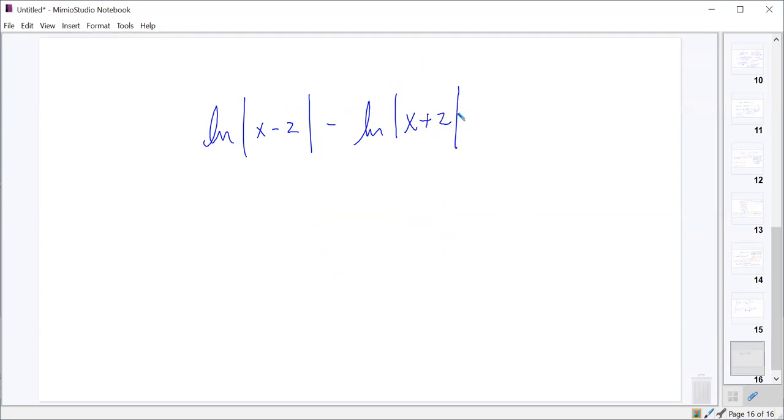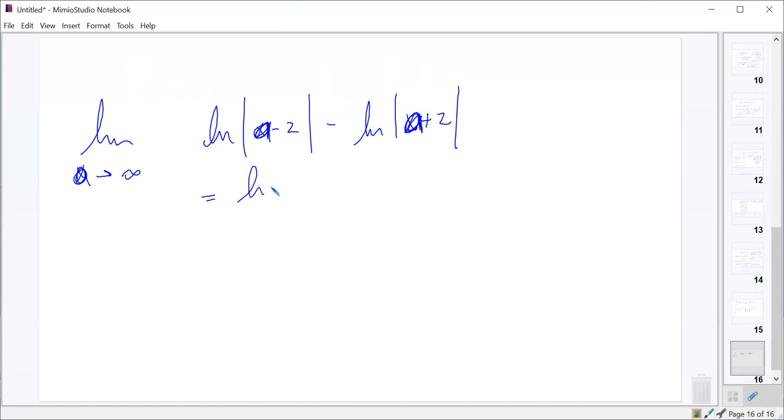Suppose we have the limit of the natural log of a minus 2 minus the natural log of a plus 2 as a goes towards infinity. This looks like infinity minus infinity, so a first inclination might be to just immediately say that this diverges.